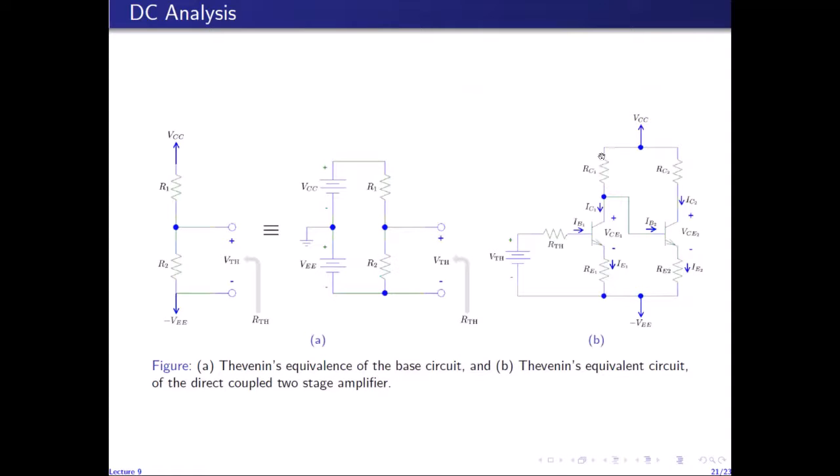into drops, or this total voltage VCC plus VEE can be written as the sum of the voltage drop across RC1, the voltage VCE1, and the drop across RE1. Similarly, this total voltage of VCC plus VEE can be written as the sum of voltage drops across RC2 and RE2 plus VCE2.